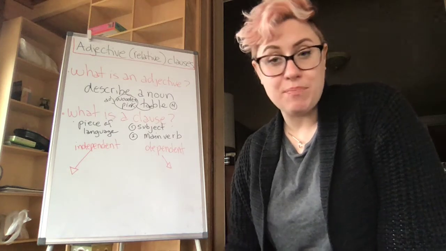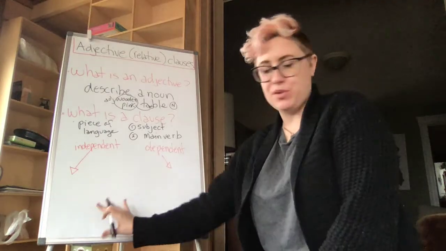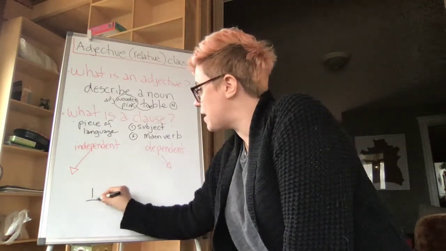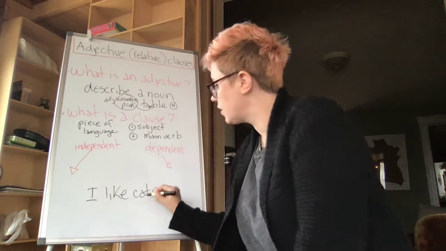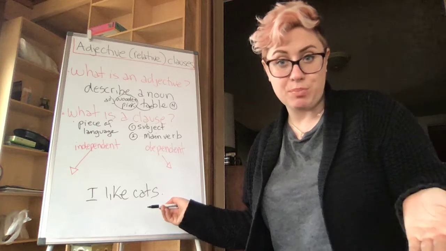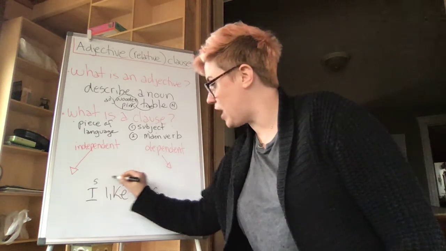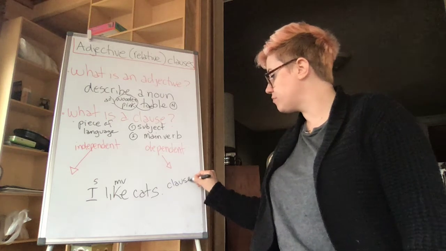I'm just going to give some examples down here. I can say something like, I like cats. This is a complete idea. It's a complete sentence. It has a subject and a main verb. So this is an example of a clause.